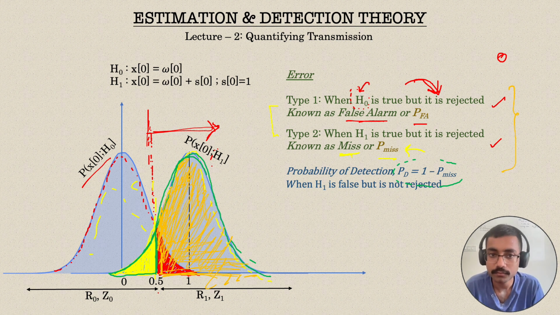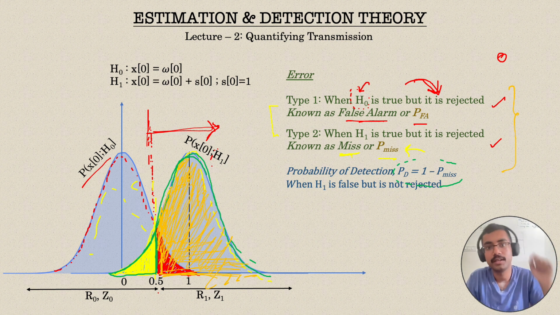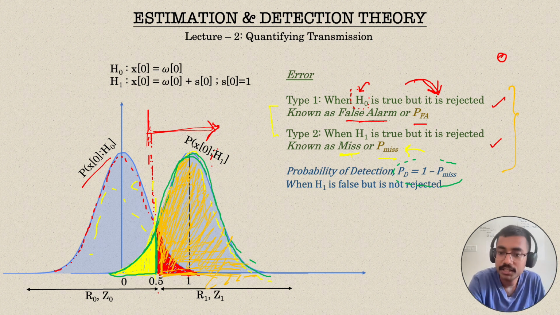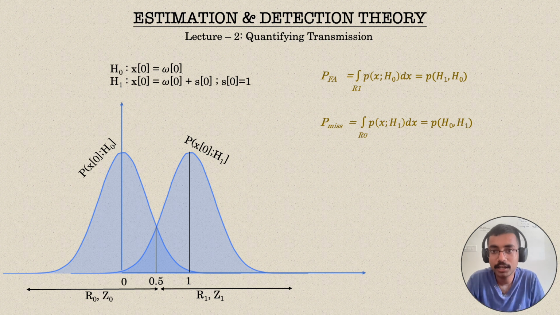Now let's take this particular formulation into the terminology of mathematics, because just saying when H naught is true and it is rejected, PFA does not mean anything until we can calculate what PFA, the probability of false alarm, is. So let's try to build the mathematical notion around that. This is important.